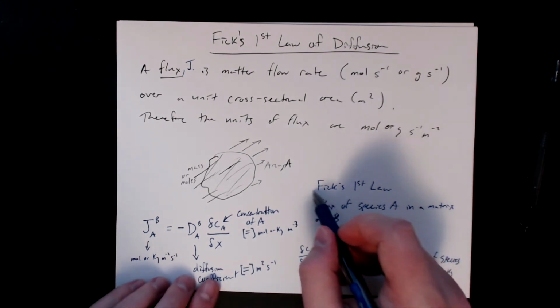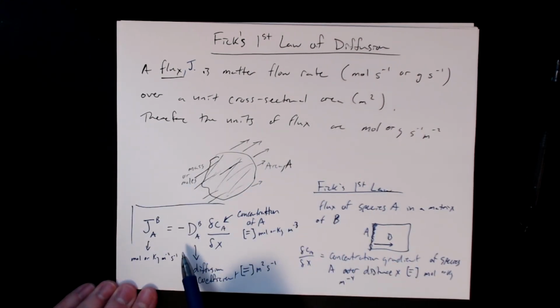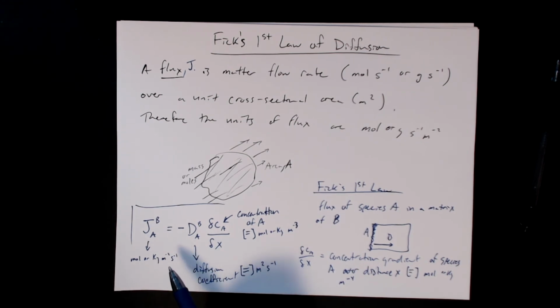All right, so this, again, is known as Fick's first law. We're talking about what we call steady state diffusion. So the flux doesn't change with time. So the rate is constant. And then our diffusion coefficient in here is a constant.